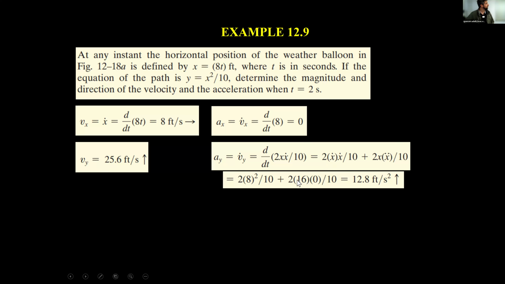And then 8 times 2 uses x. Oh, yeah, x was 16. Yeah, x dot was 8. Oh, got it. Yeah, so that's good. It's right.